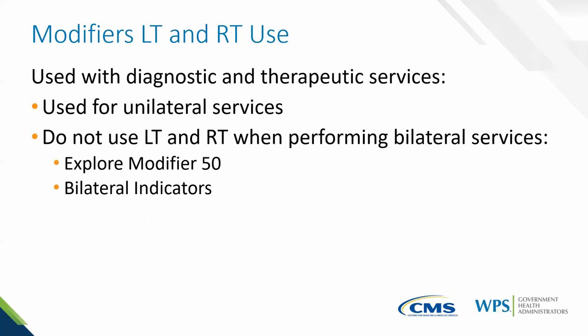So when do we use these? Well, the LT and the RT can be used with diagnostic and therapeutic services. And it's used for unilateral. You're doing just one of them at a time. You don't want to be using the LT and RT when you're performing a bilateral procedure. You want to use modifier 50 if that's appropriate at that time.